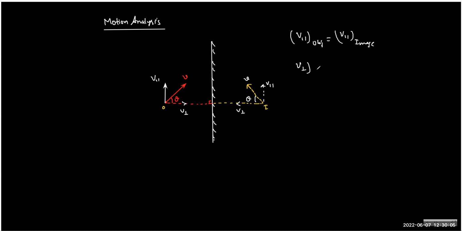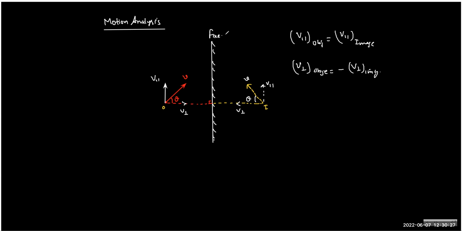V perpendicular for object is minus v perpendicular for image. So the perpendicular component will just reverse, because if you approach the mirror, the image will also approach the mirror because the distance will remain same. So this is a simple question in which the mirror is at rest.